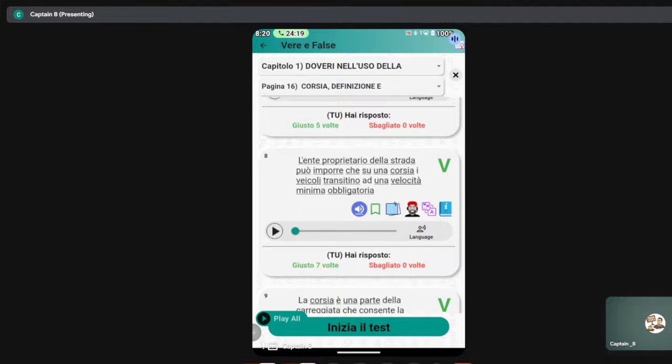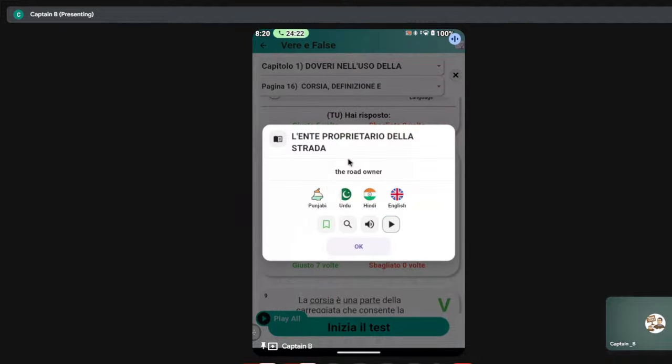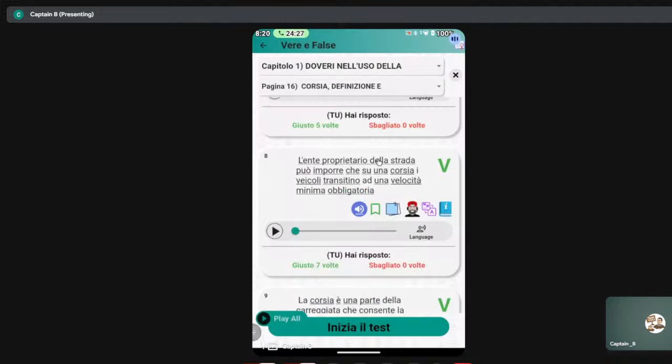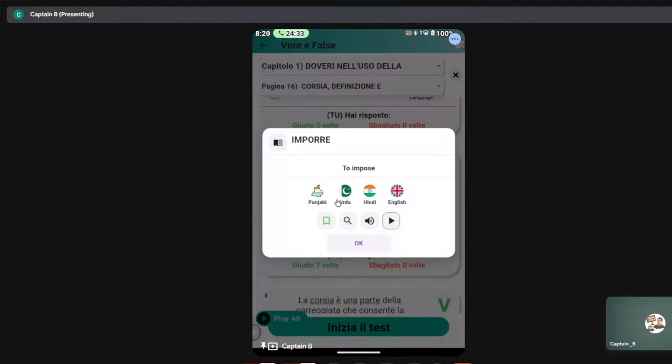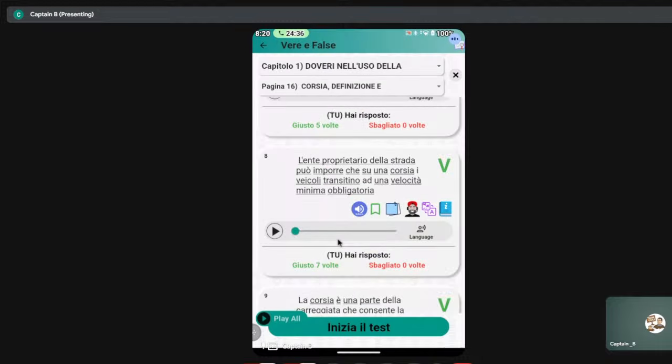Now listen. L'ente proprietario della strada, which is the road owner, può imporre, now they can impose, right? Imporre means they can impose. Che su una corsia, they can impose on a lane that the vehicles transitano, the vehicles transiting on that lane, have a minimum velocity to obey, which is obligatory.